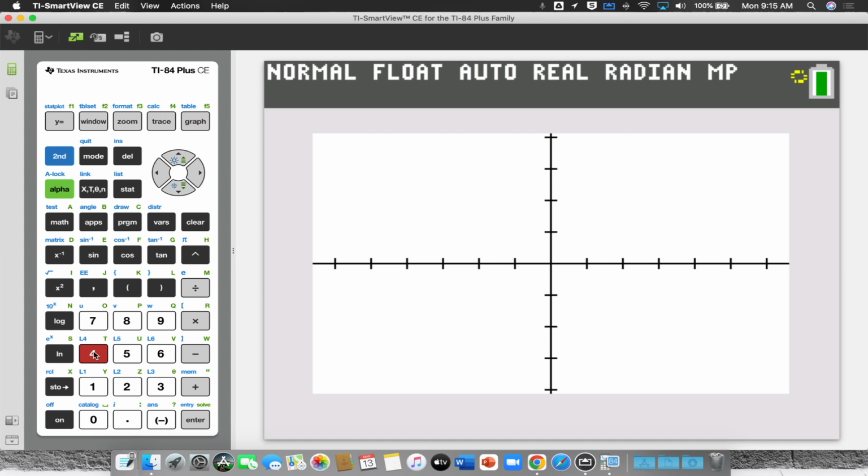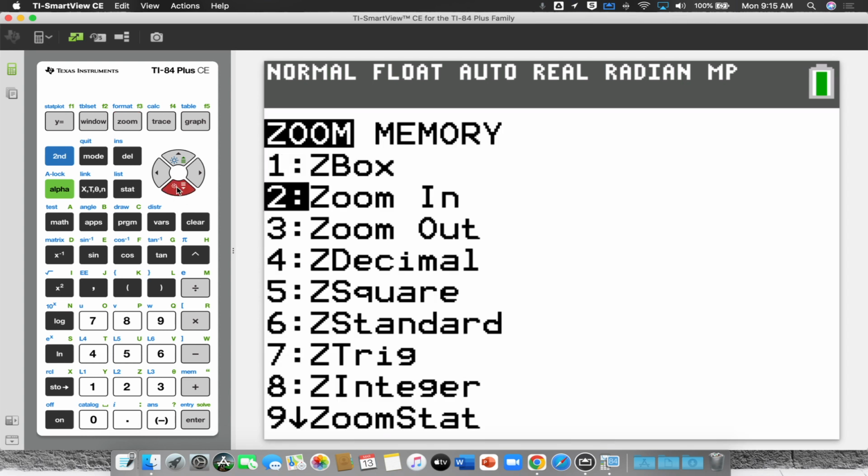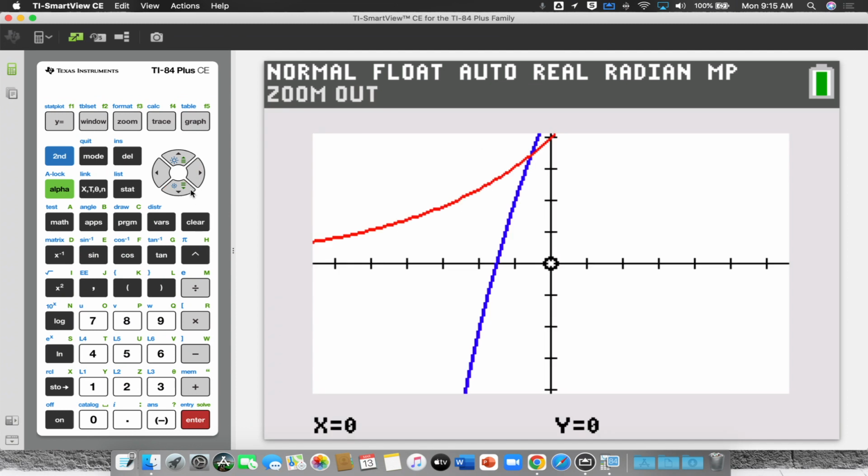Zoom decimal. It looks like they cross around -1, but we don't want negatives, we want positives. So if you want to see where they cross, zoom out a little bit. Go to zoom, zoom out.